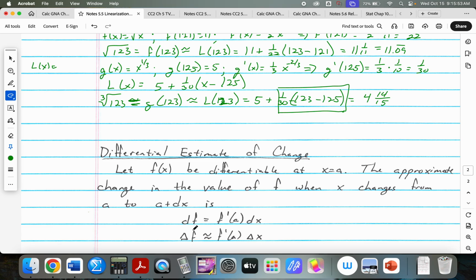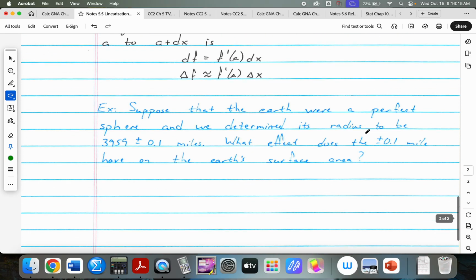So the approximate change in f is the derivative times the change in x. And isn't that exactly what we have here? 1 over 30 is the derivative, and the 123 minus 125 is how much x changed and in which direction. So this part can give you an estimate of the amount of change.